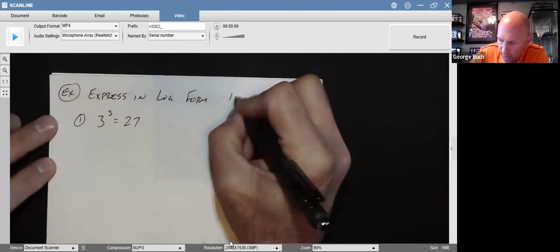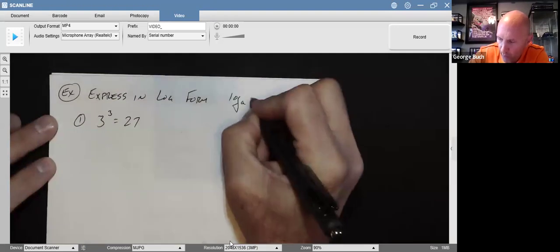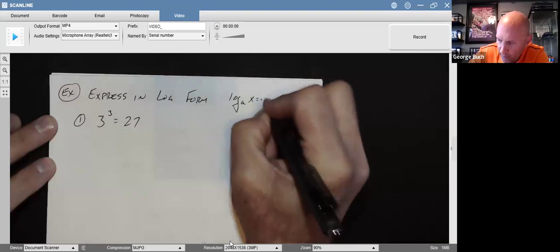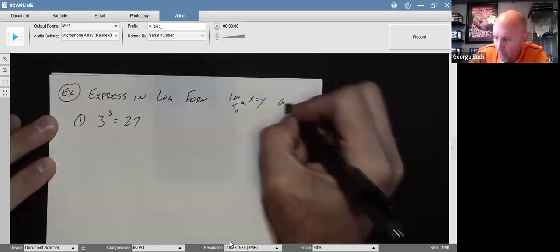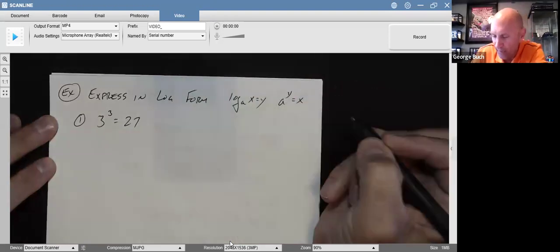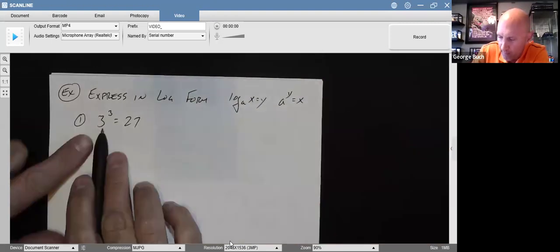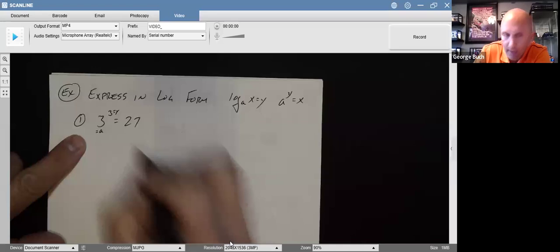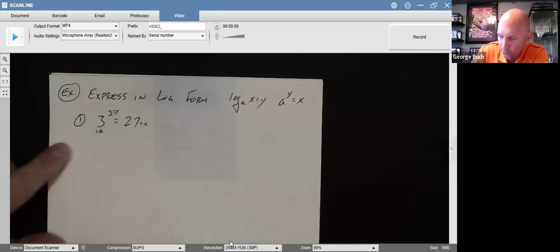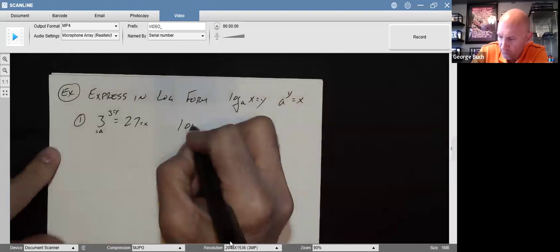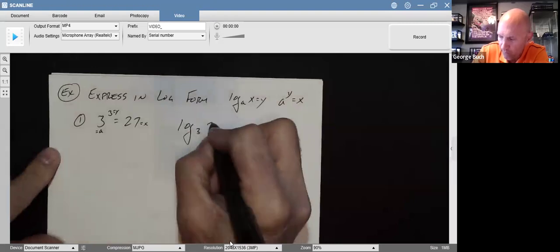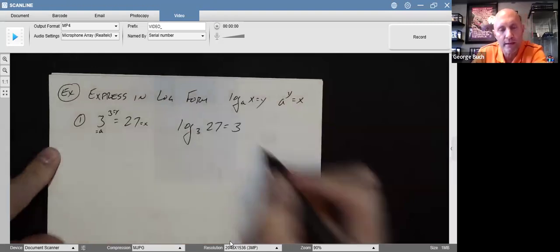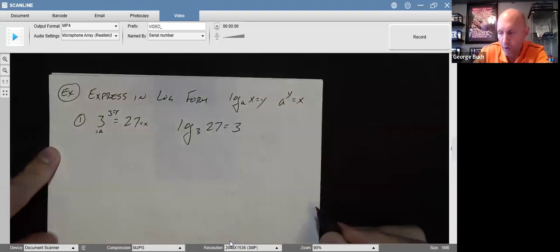It said log base a of x equals y is the same as a to the y power is equal to x. So if that's the case, in this case, this is my a, this is my y, and this is the x. Therefore, in terms of logs, it's going to be log base 3 of 27 is equal to 3. That's how we write it in log form.